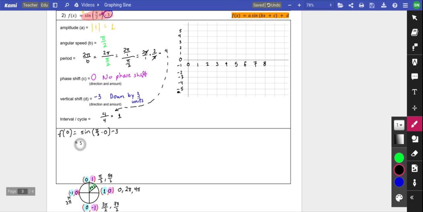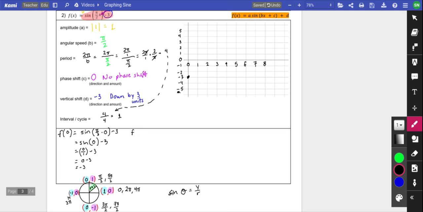So this becomes sine of 0 minus 3 equals, we remember that sine of any angle is equal to y over r. So when we start looking at the points, first we put the y on the numerator, the r in the denominator. At 0, we're looking at this point right here. Y is equal to 0, r is equal to 1. And then we subtract 3 from it. That would be 0 minus 3, which is equal to -3. So at 0, we go down to -3.